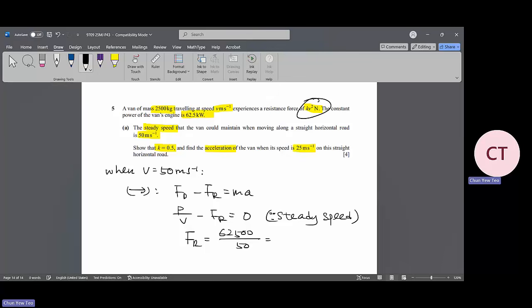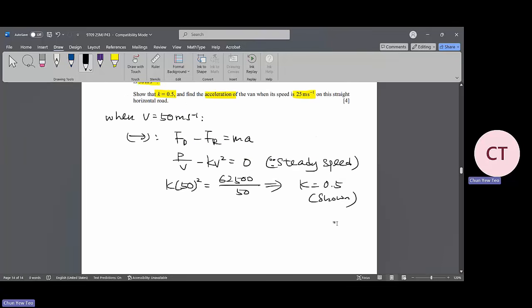They are telling you that your resistance force is kv², so I need to write kv². Therefore, you can get your k is equal to a half. But the question mentioned 0.5, so we show that k is 0.5. That will be better. So this is how you find the k.